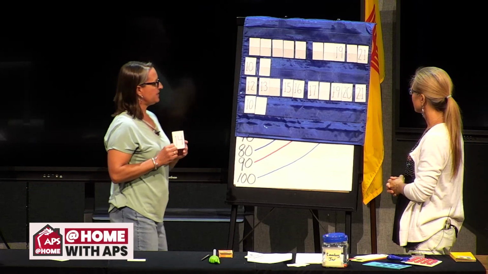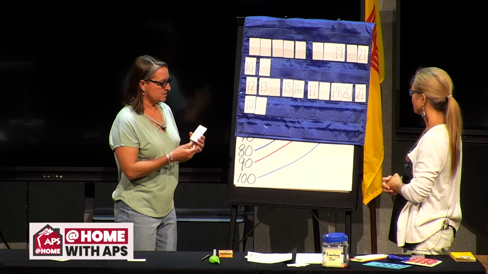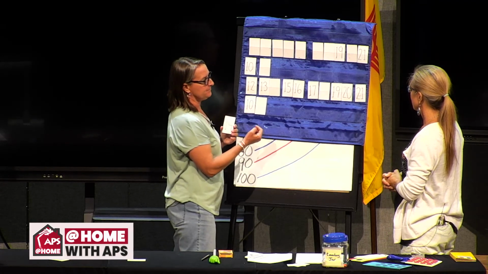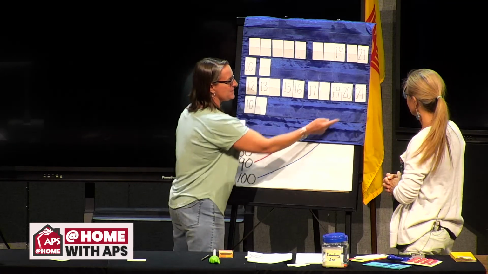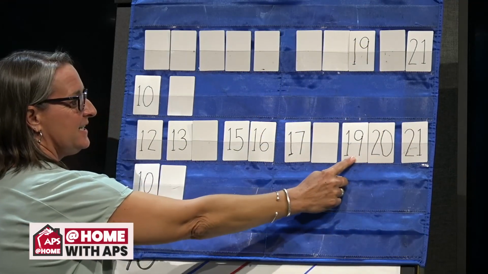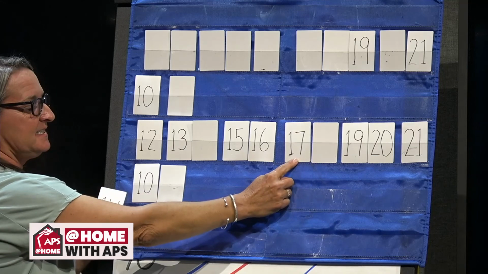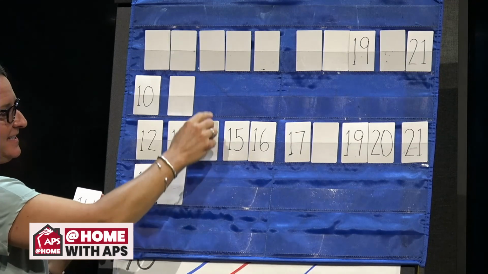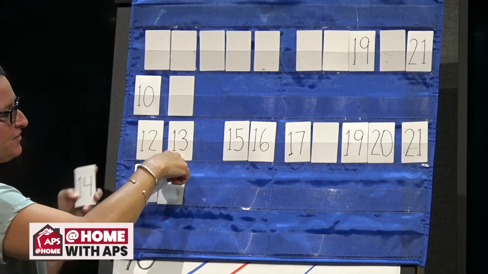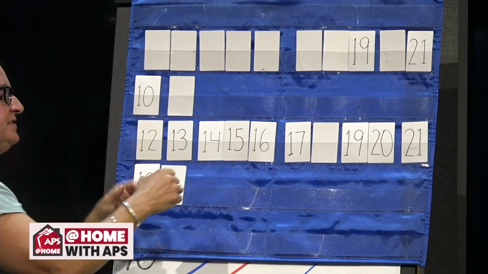Okay, so we'll try to finish out this row that has lots of numbers showing. Count back with me. Can you already tell where it's going to go? Good for you if you know. 21, 20, 19, 18, 17, 16, 15, 14. That's right, 14 comes right after 13 and right before 15.